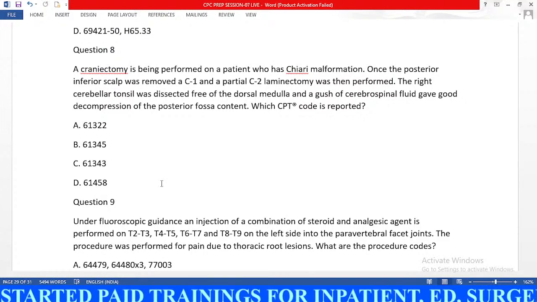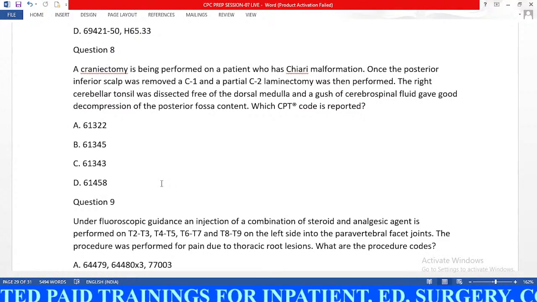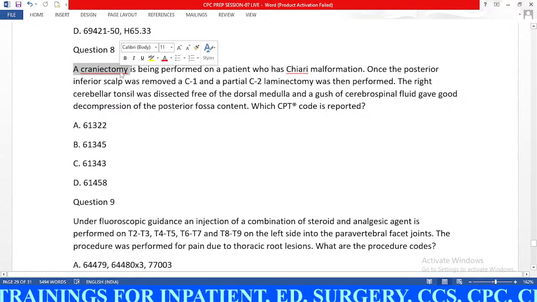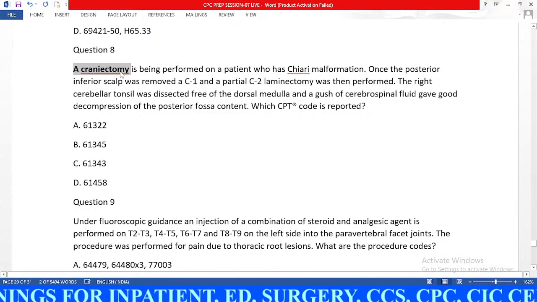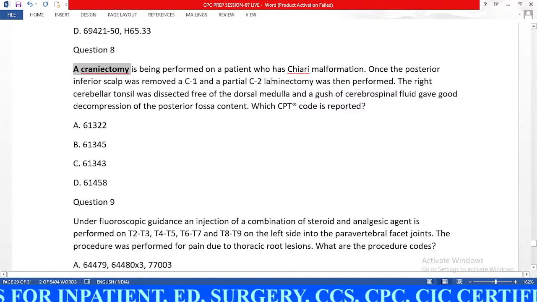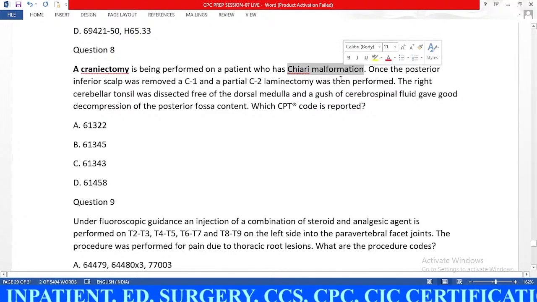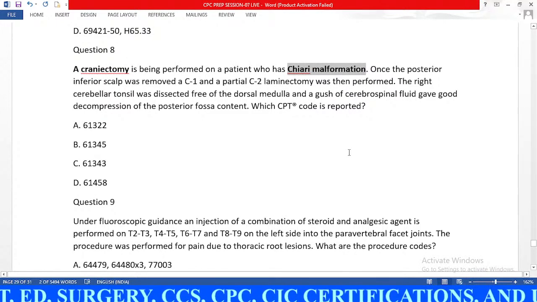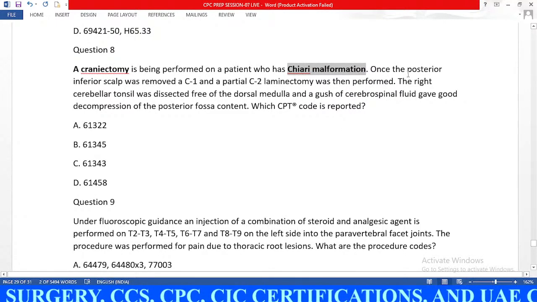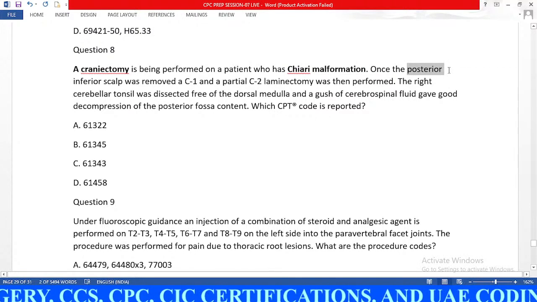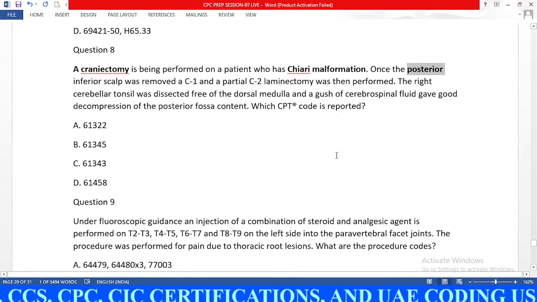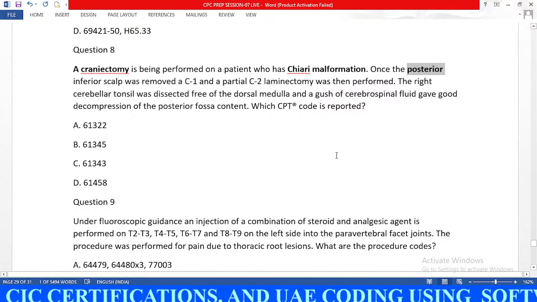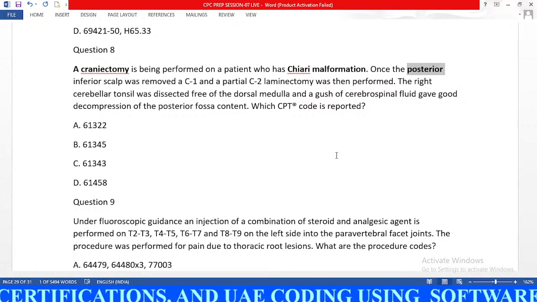Now it is 10:49, so we will dive into our question. What are the keywords here? First is craniectomy, being performed on a patient who has Chiari malformation. So this is the diagnosis. Once the posterior inferior scalp was removed, posterior means it is on the backside, and a C1 to C2 laminectomy was then performed.